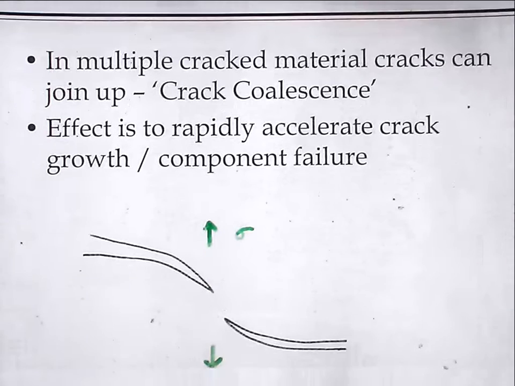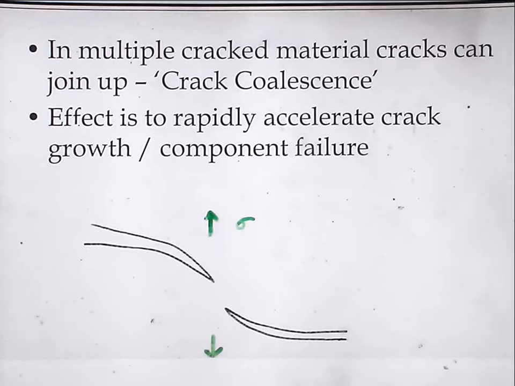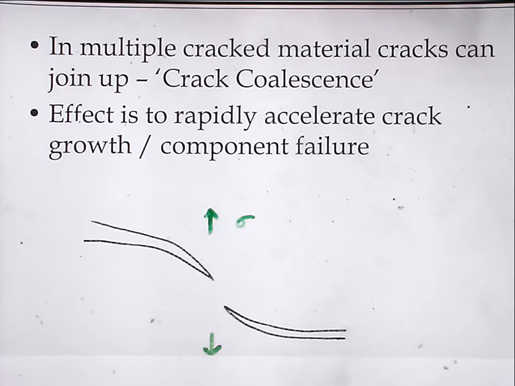And suddenly you've got damage to the component that's double the length that it was before. So you can see that the crack growth becomes exponential, because the next time one of these joins on, it'll be 4 times the length, and then it'll be 16 times the length, and so on. So the crack growth becomes very dangerous.